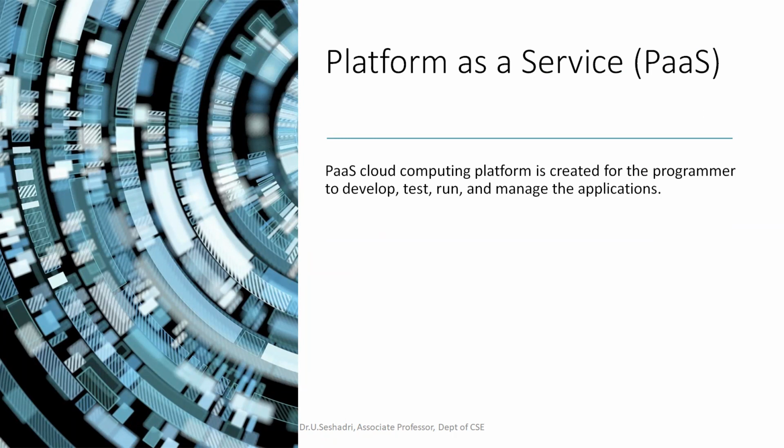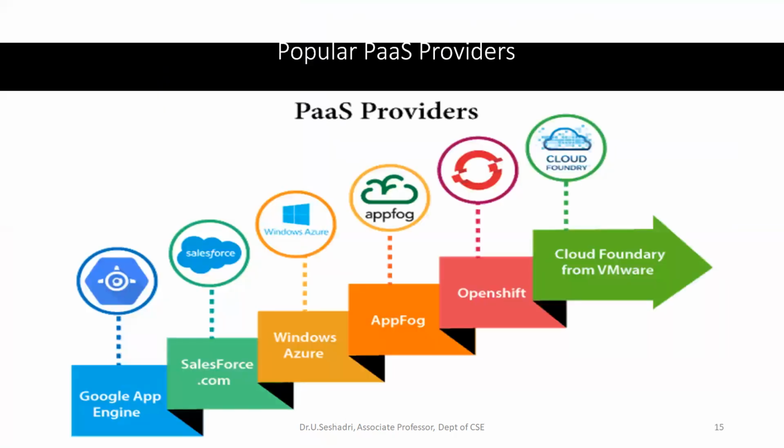It is specifically created for the programmer to develop the application, to test the application, to run and manage the application. The examples for the platform as a service are Google App Engine, Salesforce, Azure, AppFog, Cloud Foundry from VMware, OpenShift.